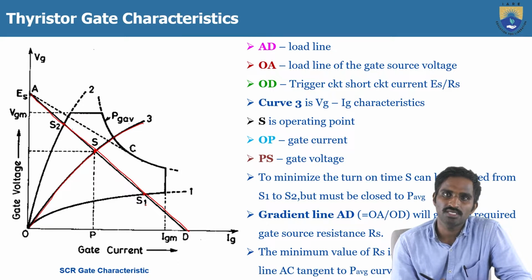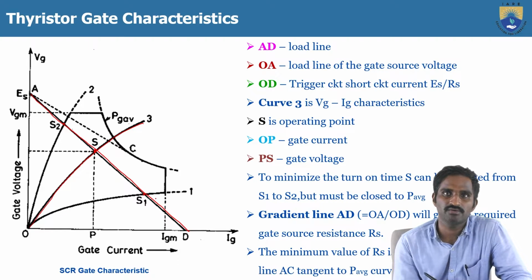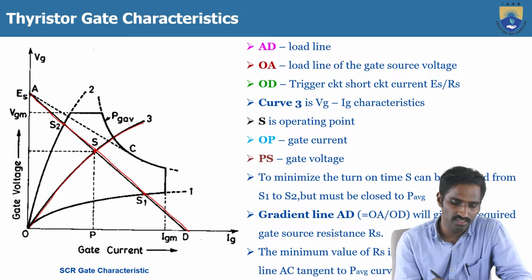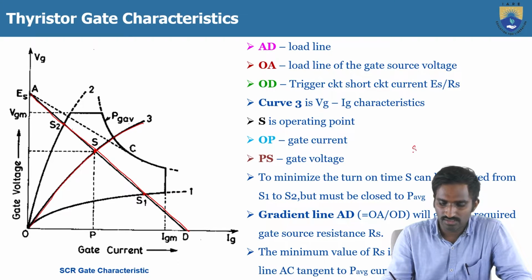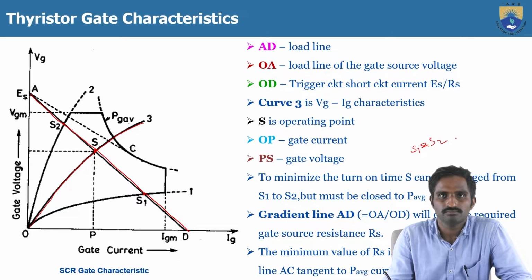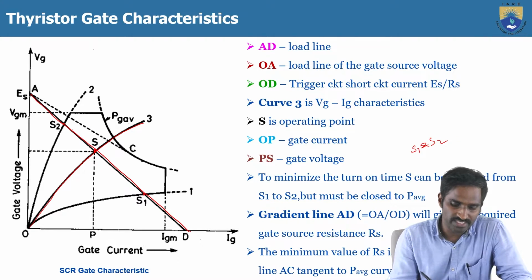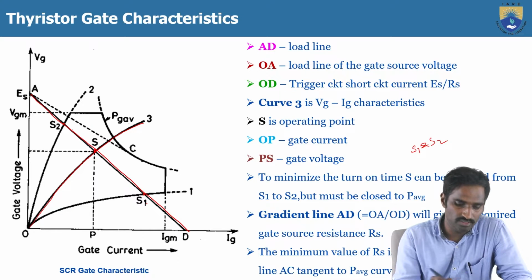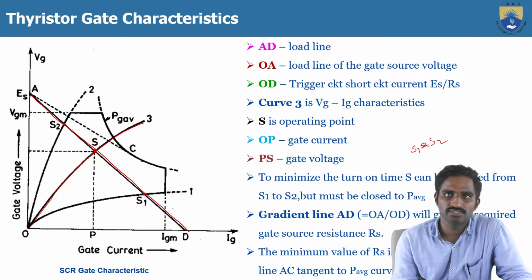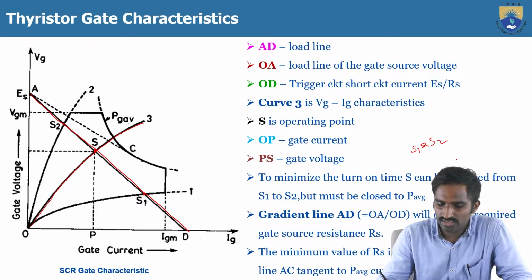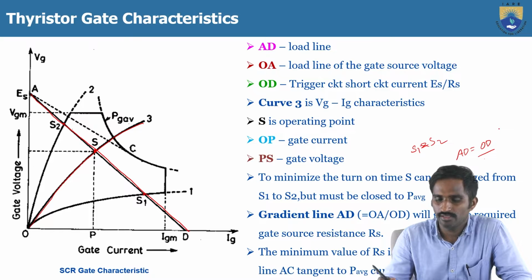So to minimize the turn on time, we must operate the gate current and voltage in between curves S1 and S2. And the slope of this AD line, which is the load line, is OA by OD.